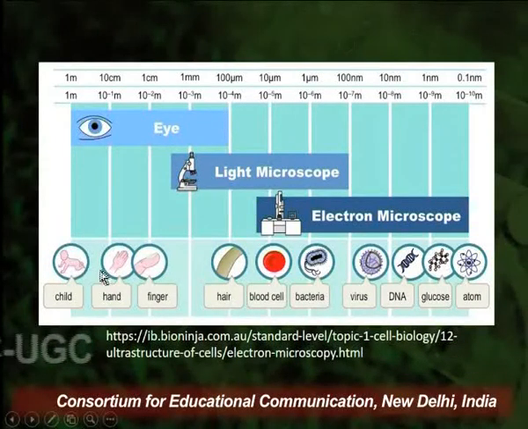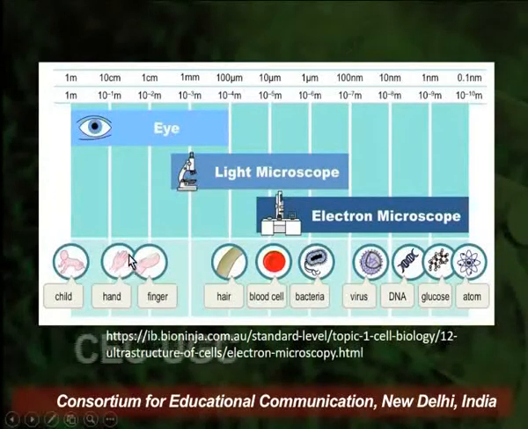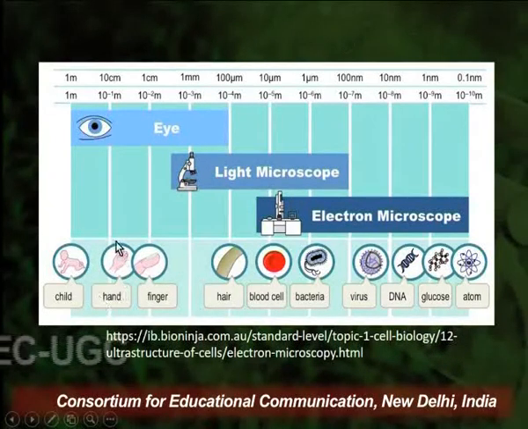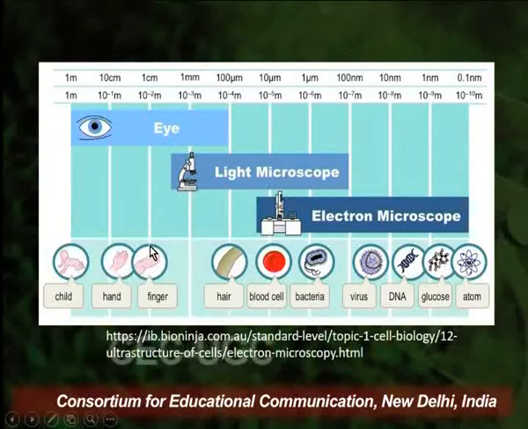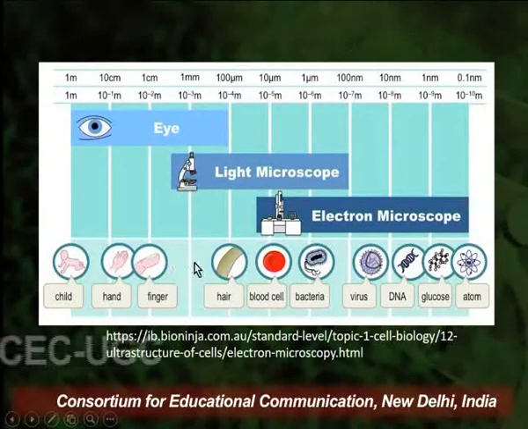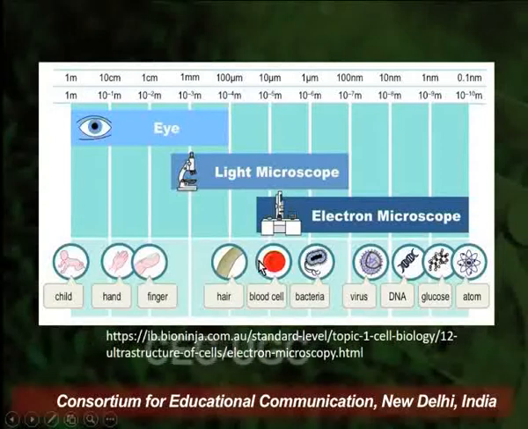As we are moving towards the right, the objects given as an illustration are shorter in length. So a child, a hand, a finger, and then moving towards the hair, the size of these objects is gradually becoming smaller.